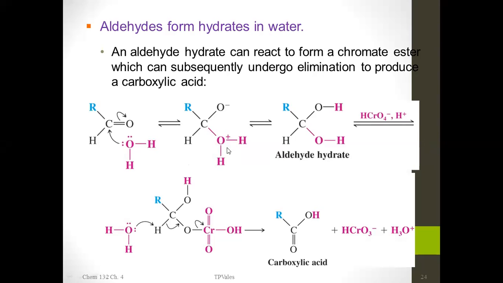Once you have this, the negatively charged oxygen can abstract the proton here to get your OH. This is the protonated alcohol part, so it abstracts the proton, and the electrons from the oxygen-hydrogen bond return to the oxygen to give your OH.